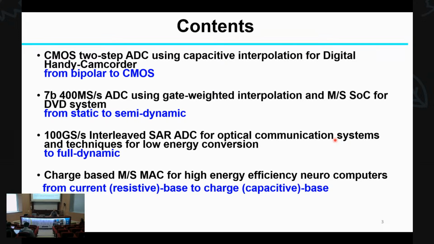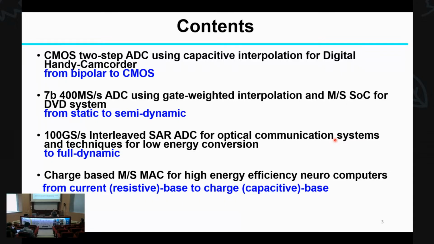First topic is the CMOS two-step ADC using capacitive interpolation for digital handy camcorders. In technical aspect, this is a very memorial ADC, because the technology of the ADC completely changed from bipolar to CMOS.